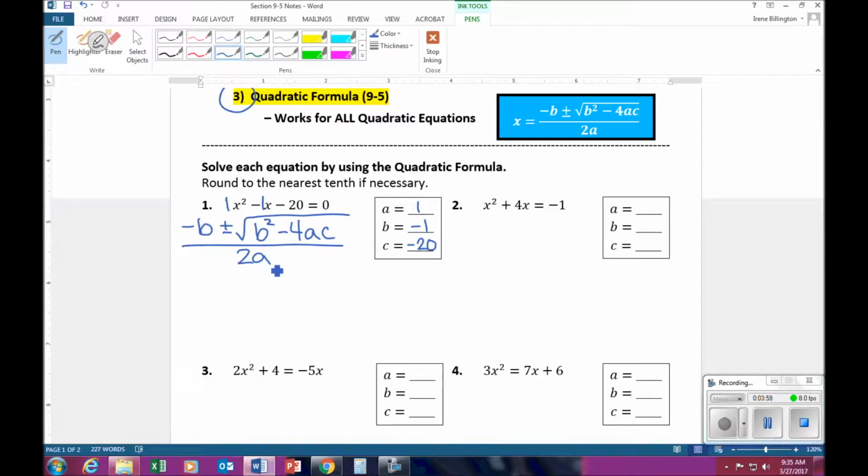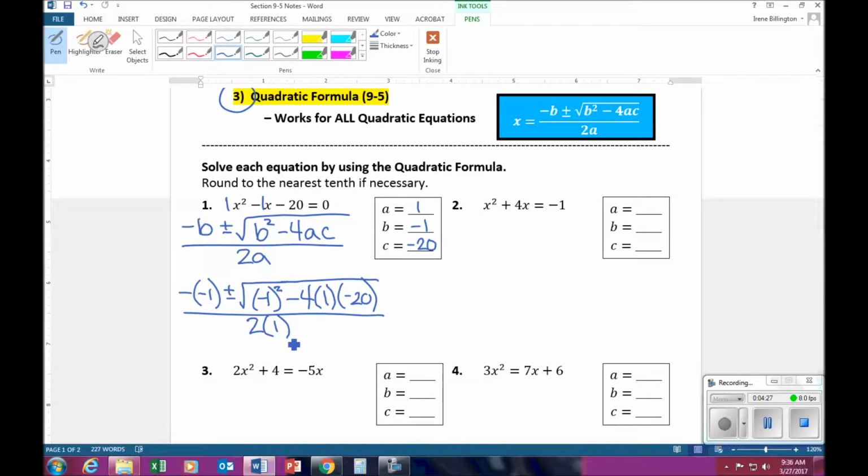So I'm replacing the b variable with b, the a variable with a, and the c variable with c. You should have everything now written down.